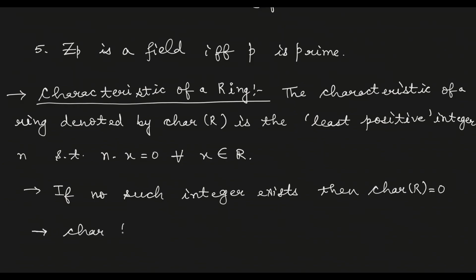Characteristic of Zn will be n, and characteristic of an infinite ring will be 0.